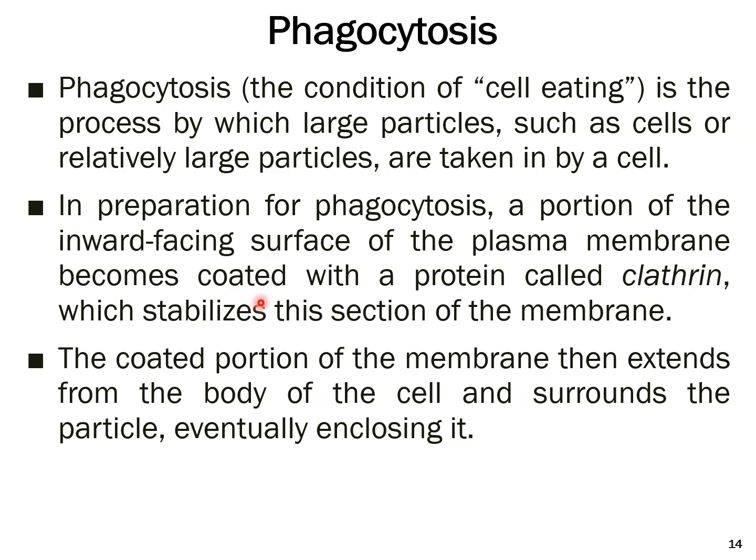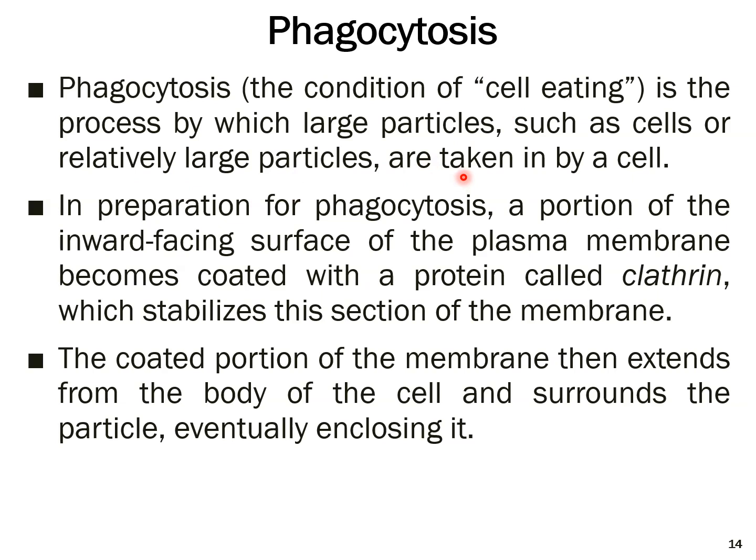So first is phagocytosis. What is phagocytosis? It means the condition of cell eating. It is the process by which large particles, such as cells or relatively large particles, are taken in by a cell.